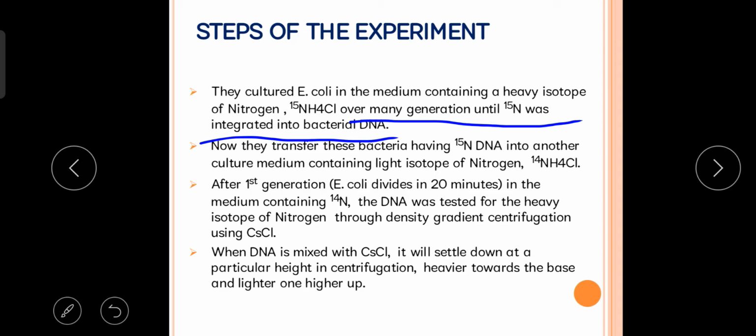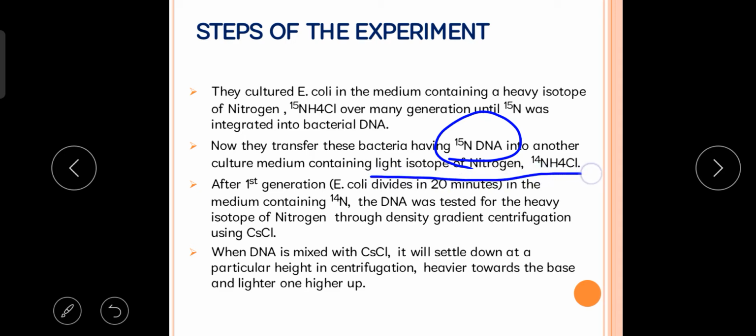Remember this point. After that, Meselson and Stahl transferred this E. coli bacteria from the 15N medium to a new medium which contains the light isotope of nitrogen, which is 14N.